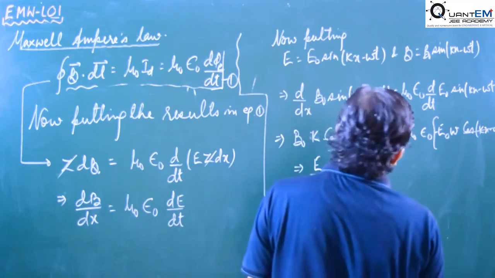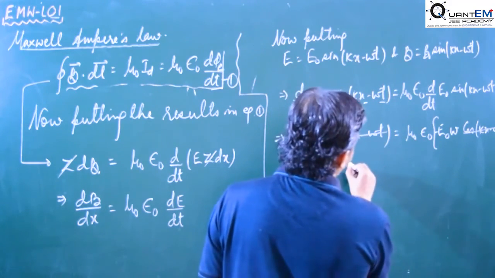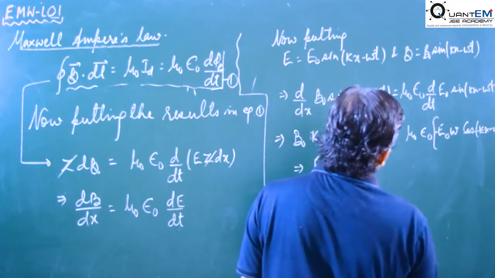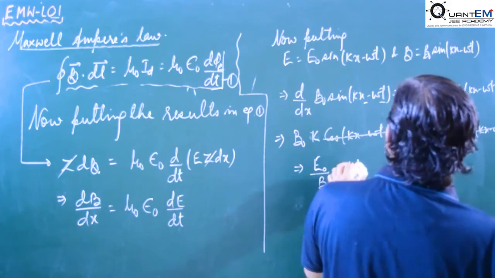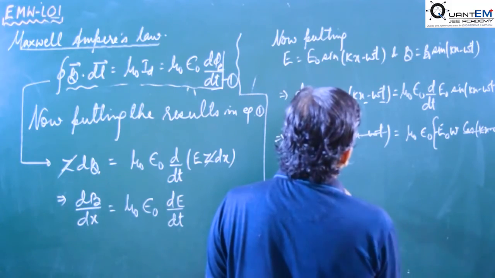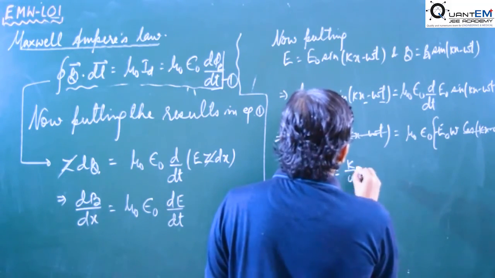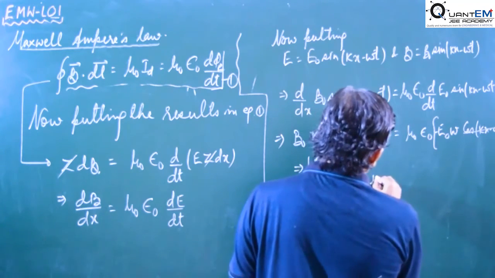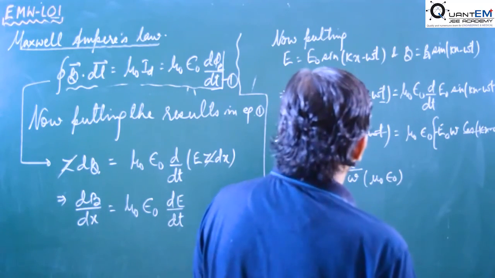So E naught by B naught is equal to omega by k, it is taken this side, it is k by omega into mu naught epsilon naught.